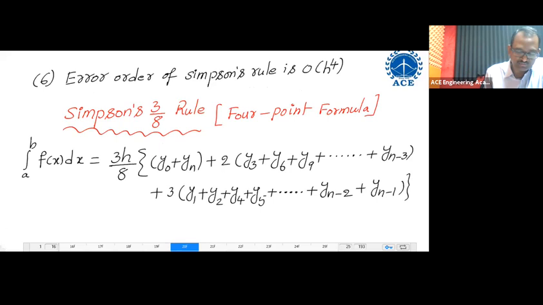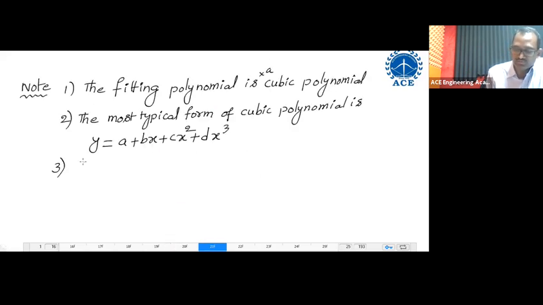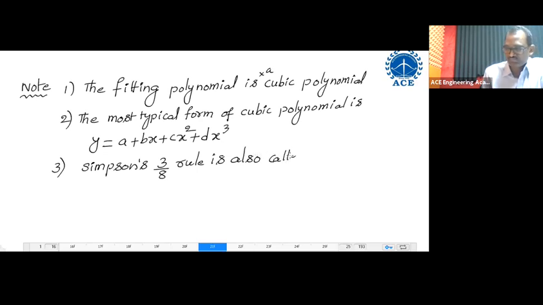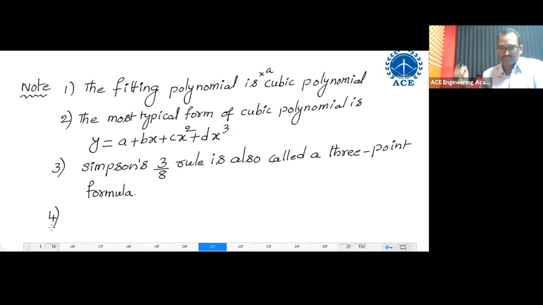To get the values of A, B, C, D, it has to pass through a minimum of 4 points. Okay, fine. 4-point formula.